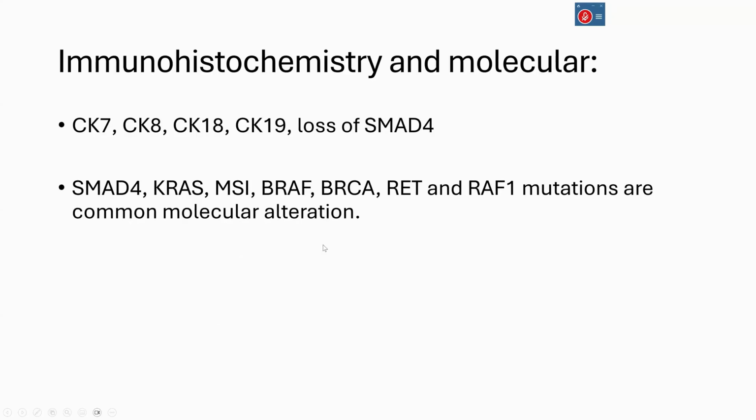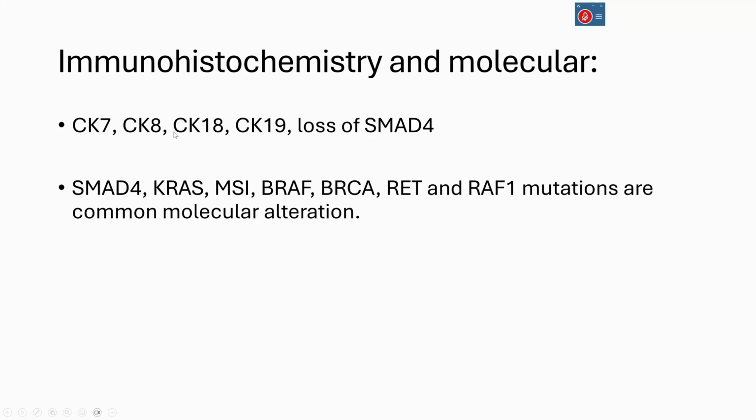Although morphology is characteristic, if you are dealing with a variant, suppose signet ring cell variant or any poorly differentiated tumor, you need to apply immunos for confirmation of diagnosis. Loss of SMAD4, also called DPC4, is also characteristic for this tumor.